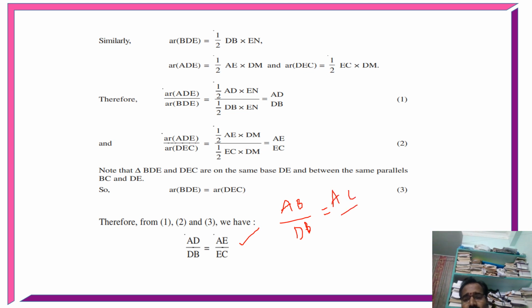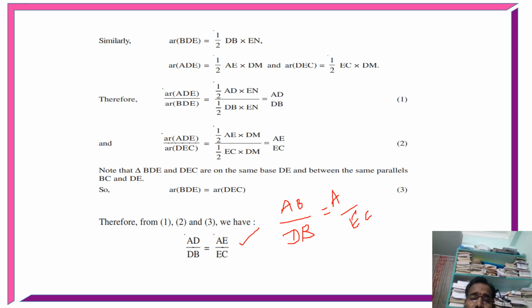So by using Thales theorem, when any three of these values are given, we can find the fourth value by using this result.